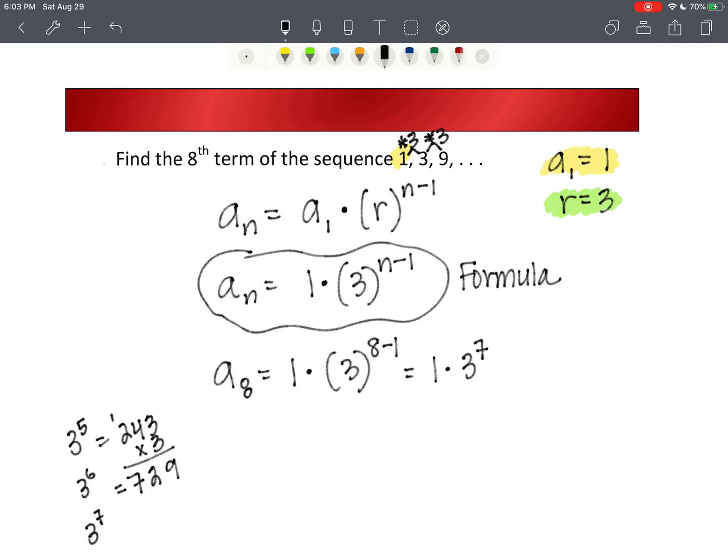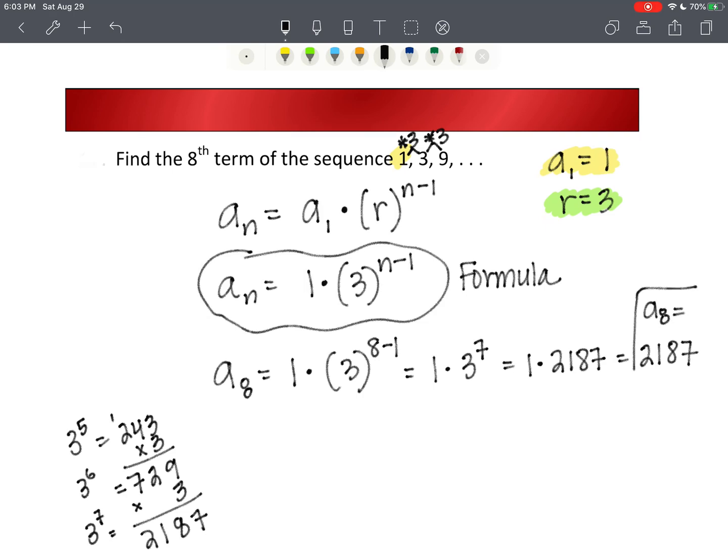And then 3 to the 7th power, I'd have to multiply that by 3, and I get 2,187. So 1 times 2,187 is indeed 2,187. And that's the value of the 8th term.